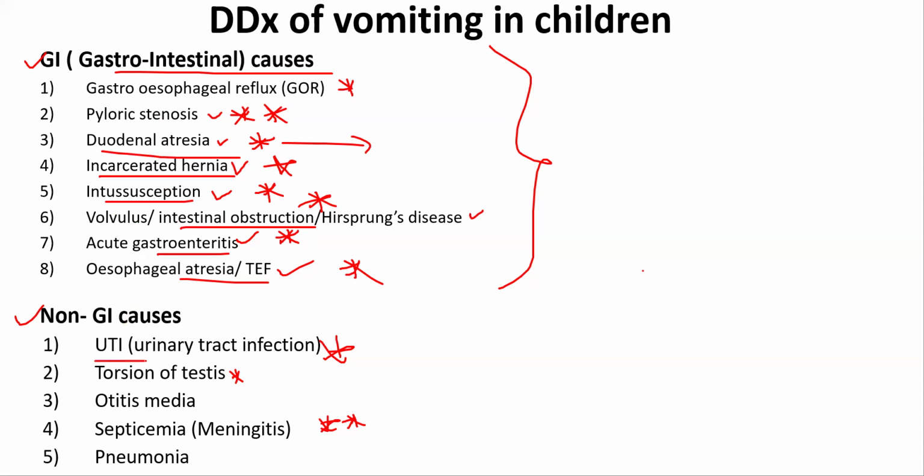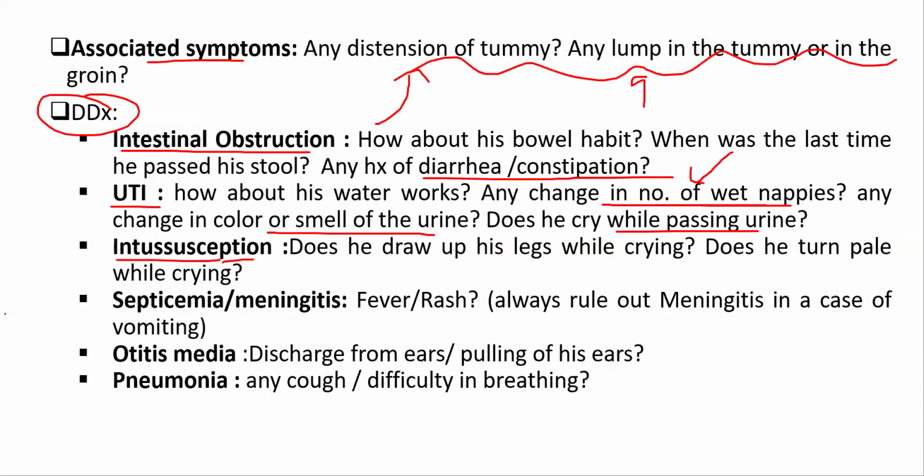Now, non-GI, we asked the UTI question. Children who have torsion of testes will come to you with pain in their testes. Again, if you want, you can ask it, not necessary. So now we are asking about non-GIT causes of vomiting. For septicemia or meningitis, have you noticed any fever or any rash?